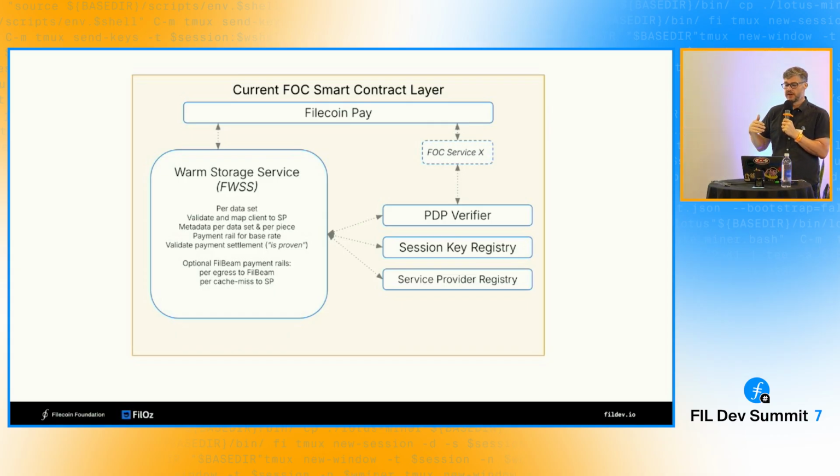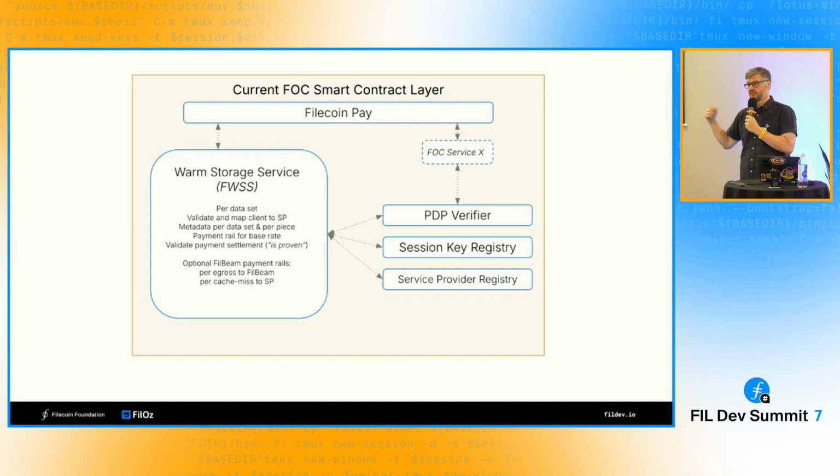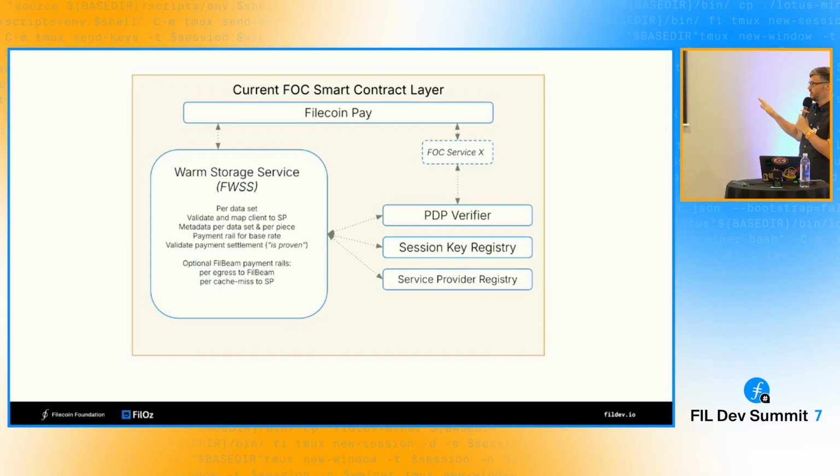And within the data sets are pieces. So they're arbitrarily sized chunks of data that fit within a data set. So a whole data set becomes this addressable array of bytes, and that's what PDP Verifier proves. It asks for random challenges on that data set, and it verifies that the SP has access to that data in order to be able to prove it. It doesn't prove a replica, it proves the possession or access of that data. So that's all it does.